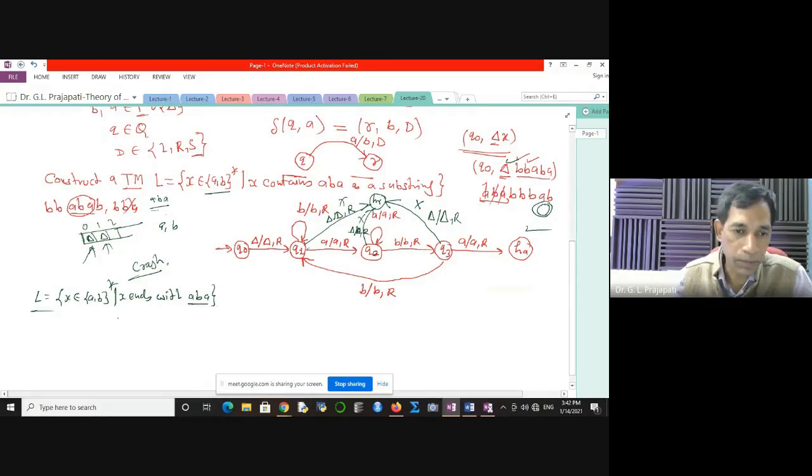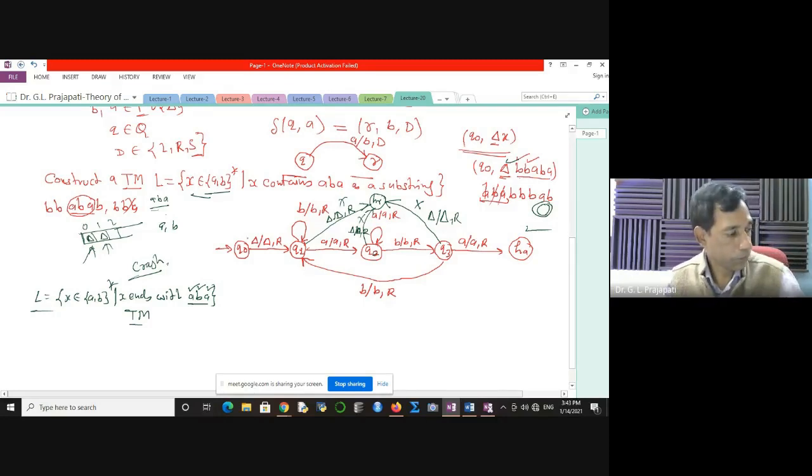If you construct the Turing machine for this case, then your Turing machine has to read the input completely, because once it goes to the end of the string and observes the last three symbols ABA, then it decides that the given input is in the language. So for this language, the Turing machine has to read the input completely. But for the language that contains ABA as a substring, the machine doesn't require to read the input completely. As soon as it finds the pattern ABA, it decides that the given input is in the language.